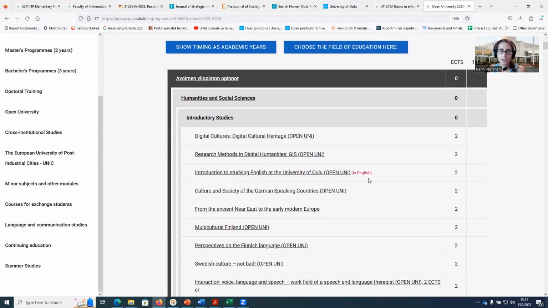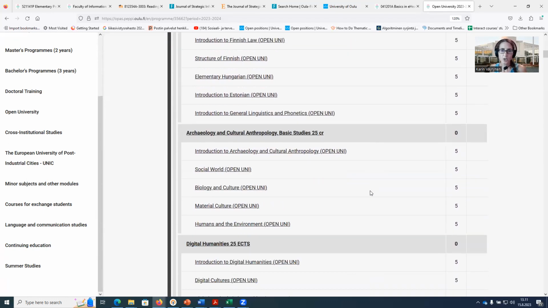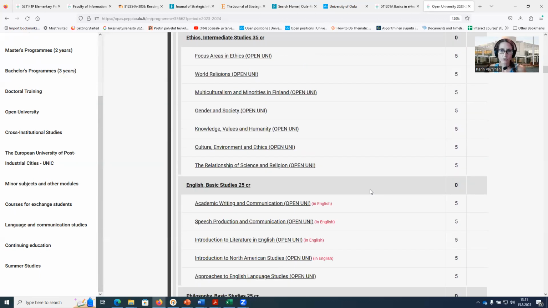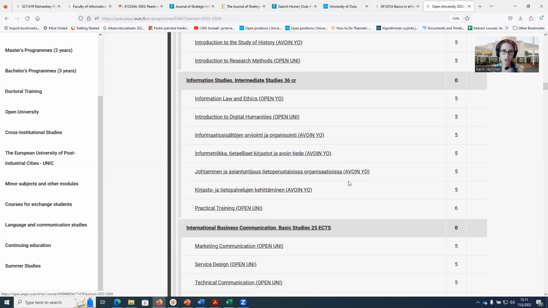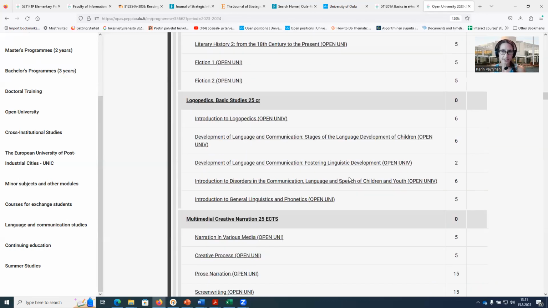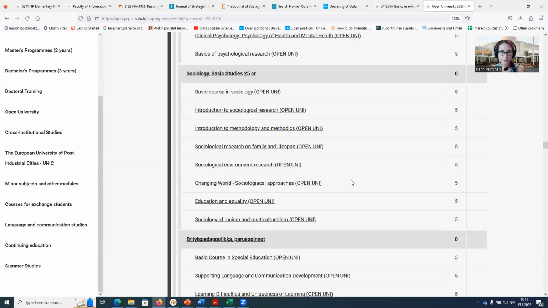And for open university studies, it seems that it shows, hopefully correctly, which courses are offered in English. There are not many courses as it seems. Let's see.